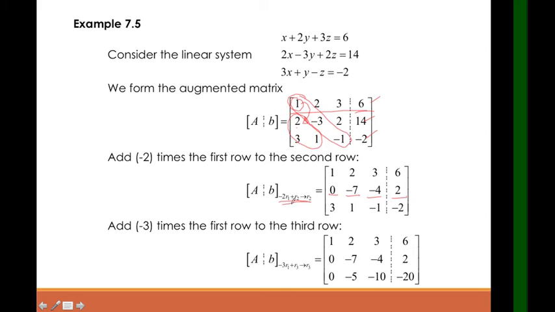Next natin gawin is, naging 0 na siya, right? Ito namang isa, gawin natin 0 din. So, we need to multiply negative 3 from row 1, then add to row 3. So, we have 1 times negative 3 is negative 3 plus 3 is 0. 2 times negative 3 is negative 6 plus 1 is negative 5. 3 times negative 3 is negative 9 plus negative 1 is negative 10.